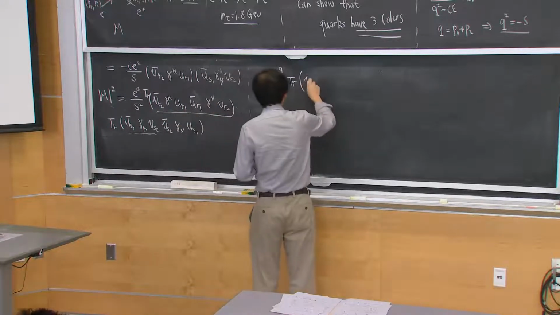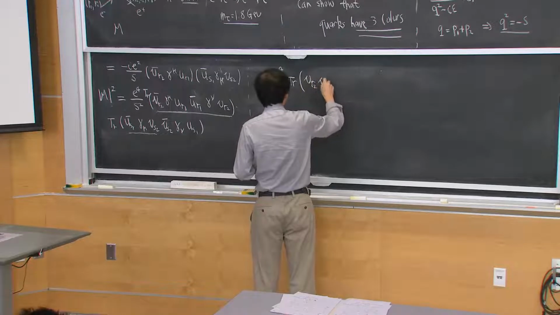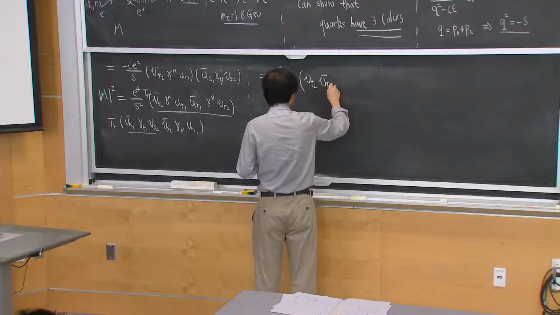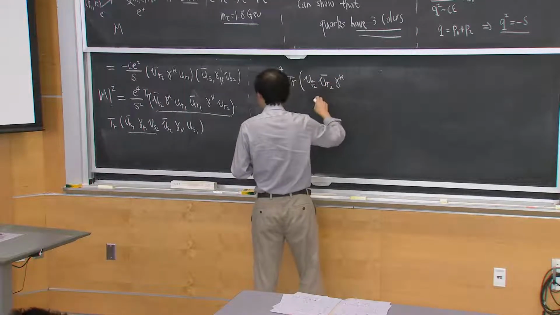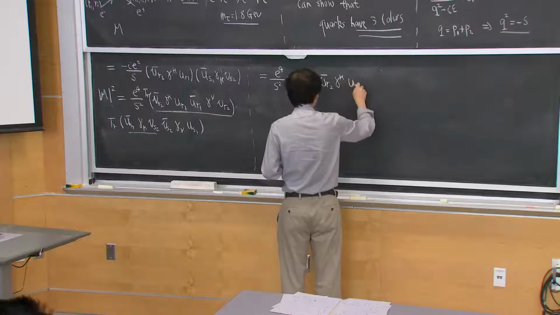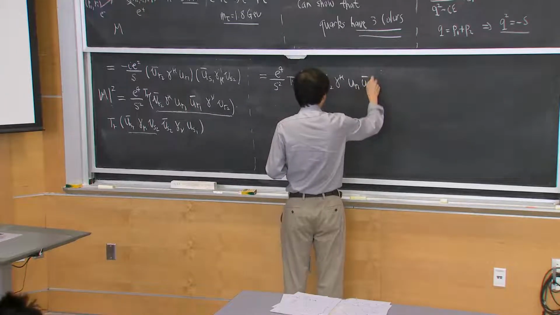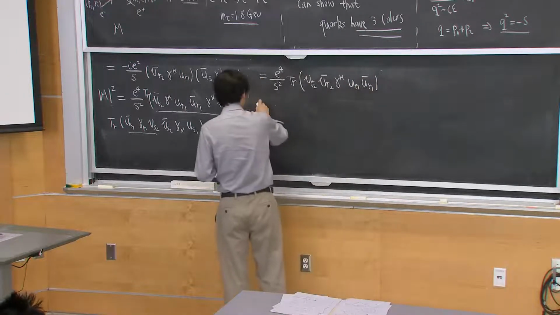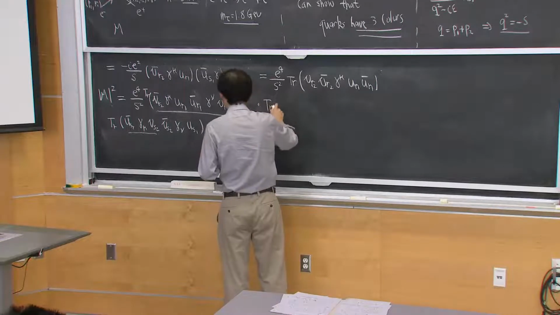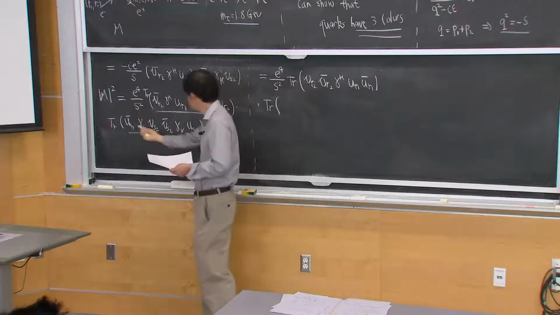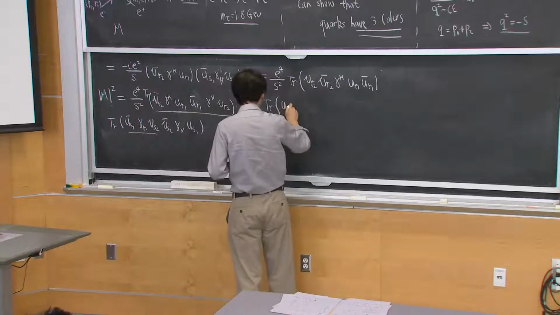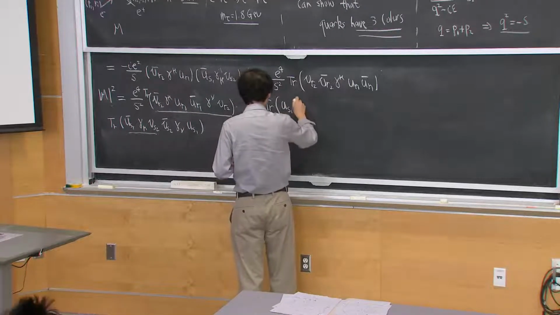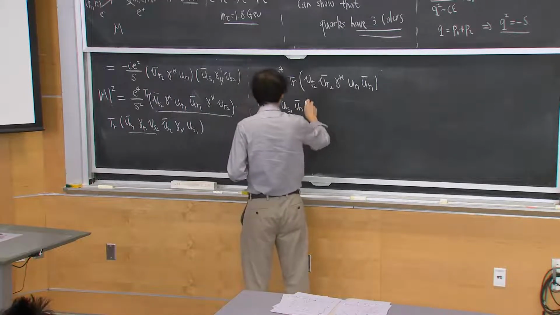So we have V R2, V bar R2, gamma mu, and U R1, U bar R1 times trace. Similarly, I put this US to the other side, US1, U bar S1, gamma mu.